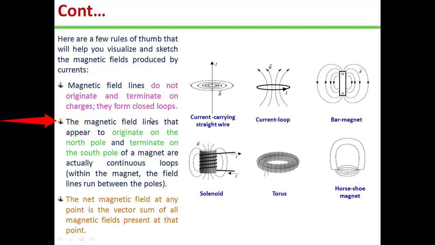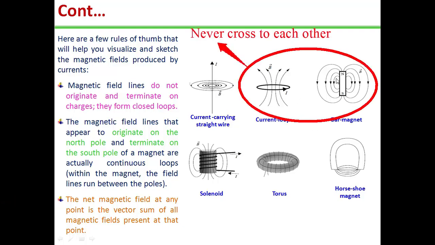The magnetic field lines that appear to originate on the north pole and terminate on the south pole of a magnet are actually continuous loops. Within the magnet, the field lines run between the poles, and the net magnetic field at any point is the vector sum of all magnetic fields present at that point. Magnetic field lines never cross each other.